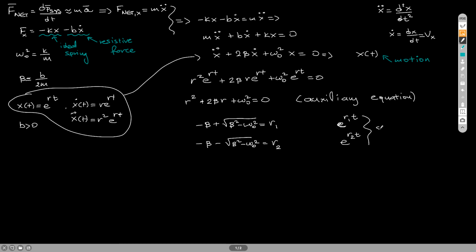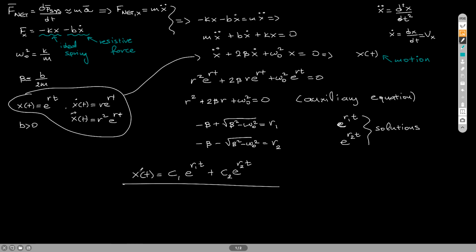So these are two solutions that satisfy my differential equation. And now I can write the general solution to the differential equation as a constant 1 times e to the r1 t plus constant 2 times e to the r2 t.